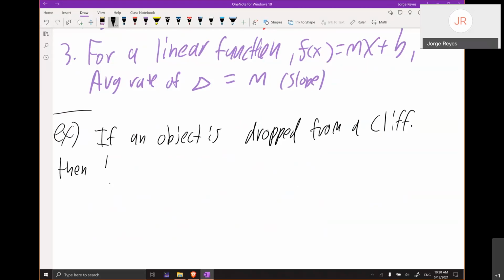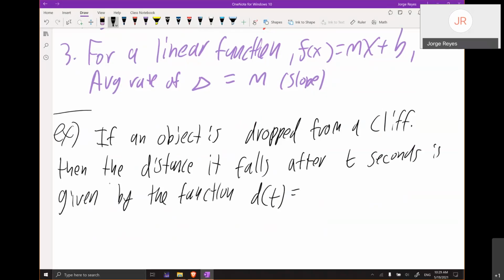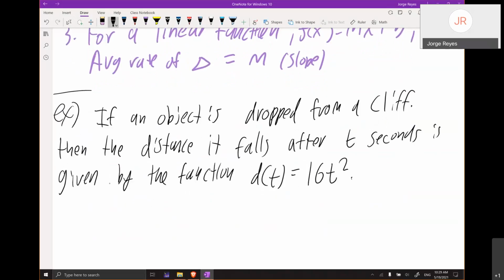Then the distance it falls after t seconds is given by the function f d of t equals 16t squared. Okay. Find average rate of change.